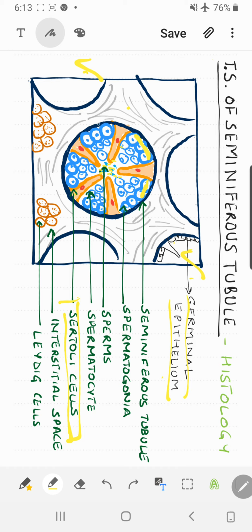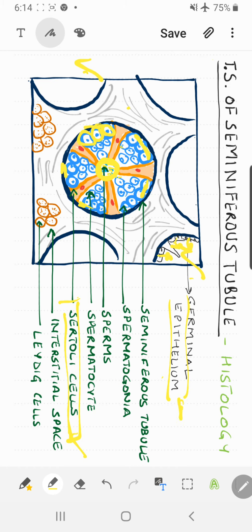So here too there is a germinal epithelium present, the first blue lining of cells. Some cells out of the germinal epithelium come out and start developing after getting nourishment from the Sertoli cells. They follow different stages of sperm development and ultimately accumulate in the center, right? So what are these stages?